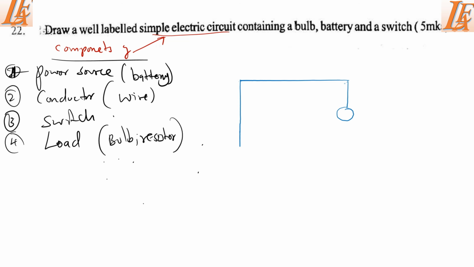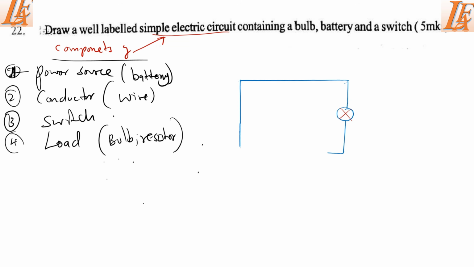We draw it like that, and then you continue with the conductor like this. Down here we will have a switch somewhere, and then we will also have a power source on this same line. So we can have our power source, which is a cell or a battery.